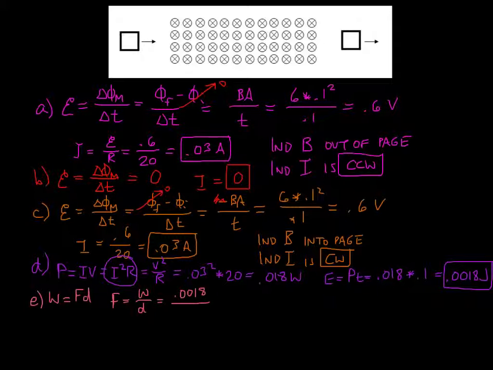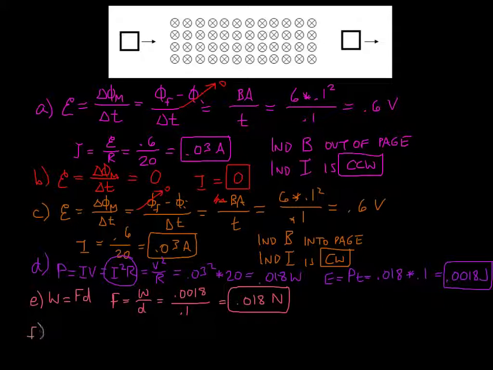The wire is going to travel a distance of 0.1 meters, because that's the length of the side of the wire, so divide by 0.1, and that is equal to 0.018 newtons of force to get the wire into the field.